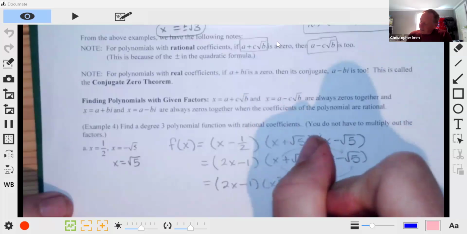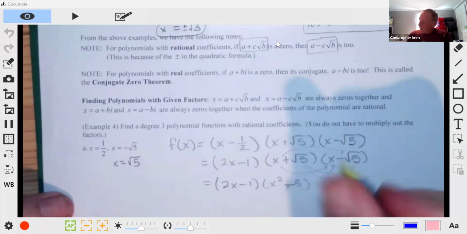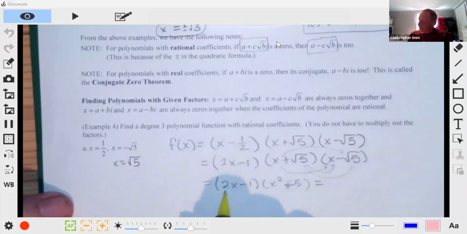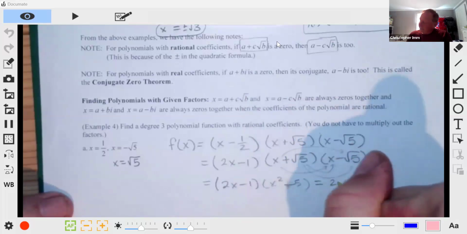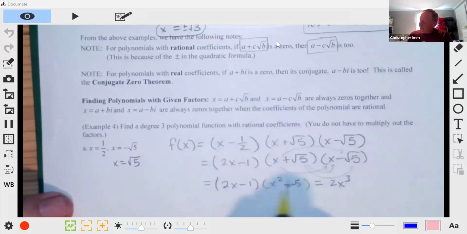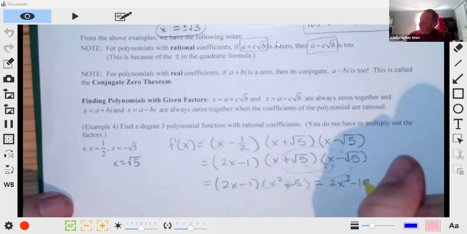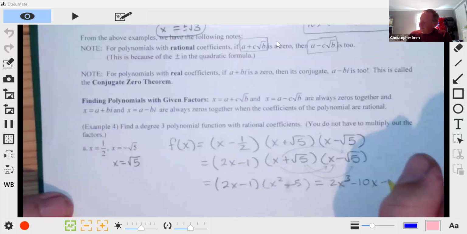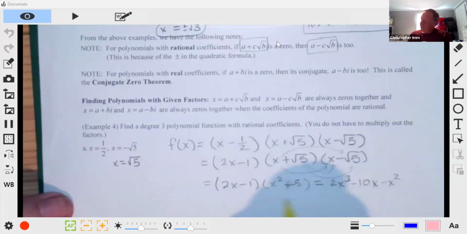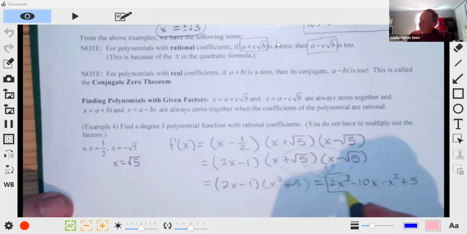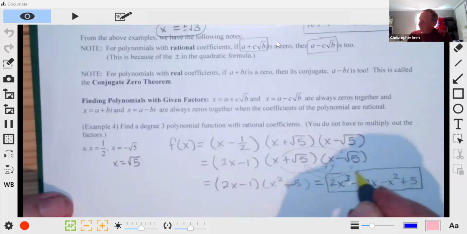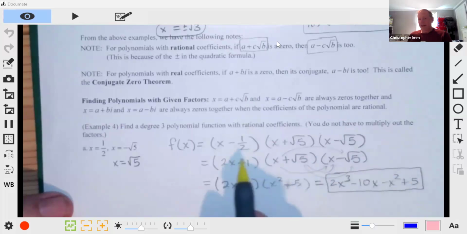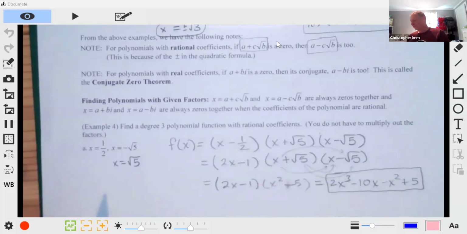And then I can multiply these factors out. So the 2x times the x squared, the 2x times the -5, and then the -1 times the x squared, and the -1 times the -5. So if I really, really wanted to multiply this out, it would look like this, but any one of these is fine as well.